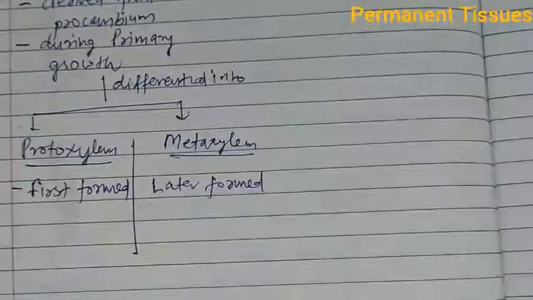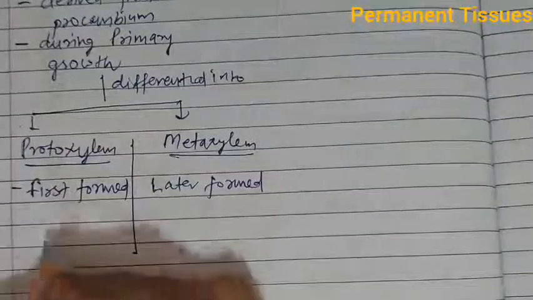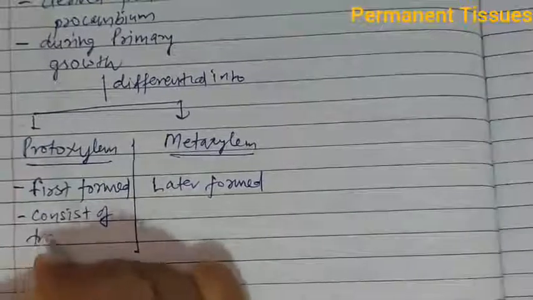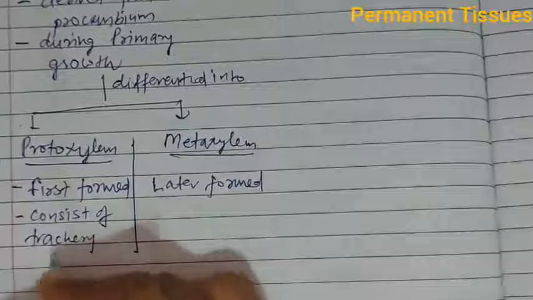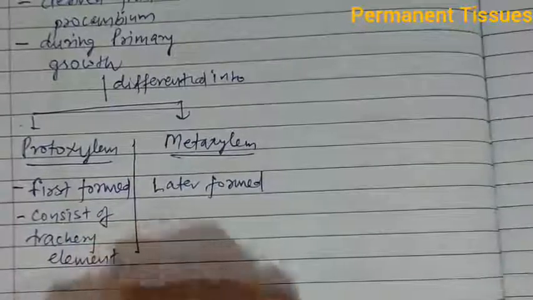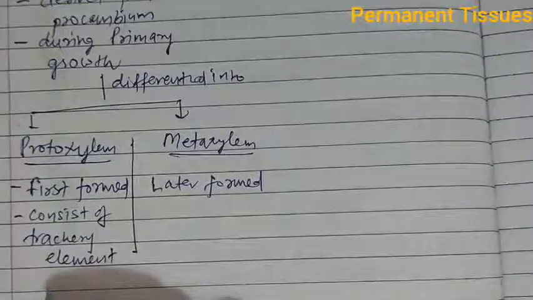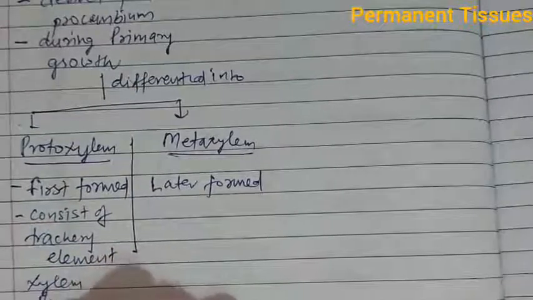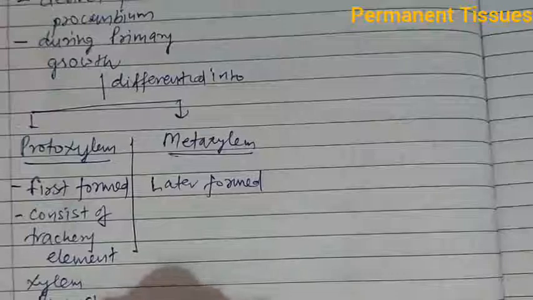Then this protoxylem consists of tracheary elements, means tracheids and vessels, and xylem parenchyma.